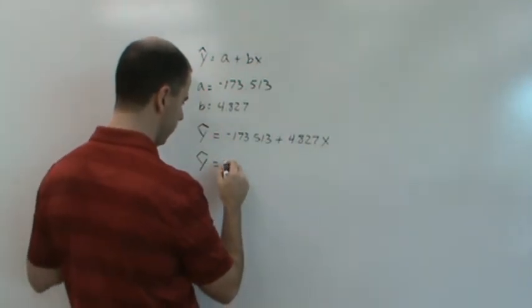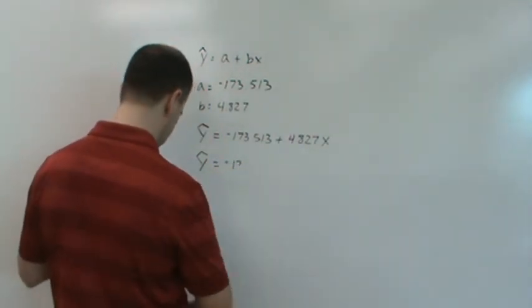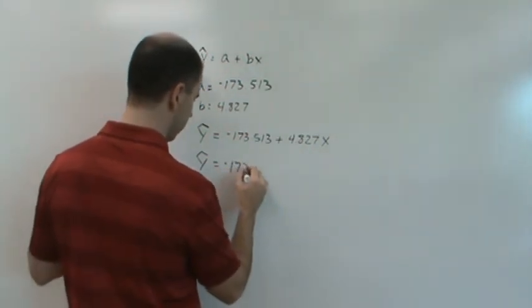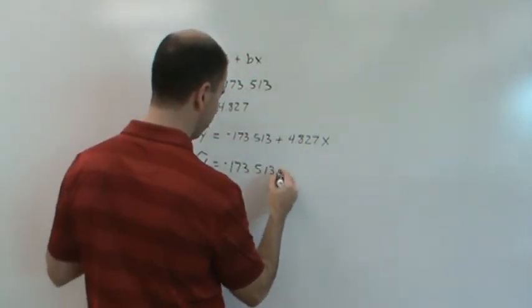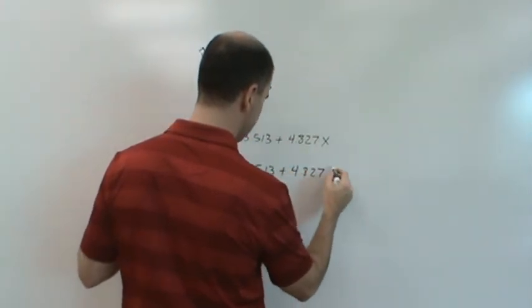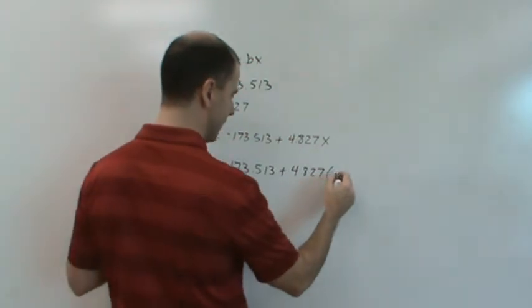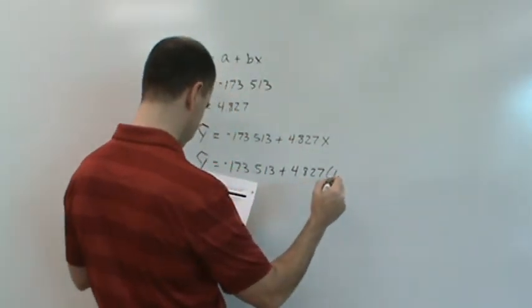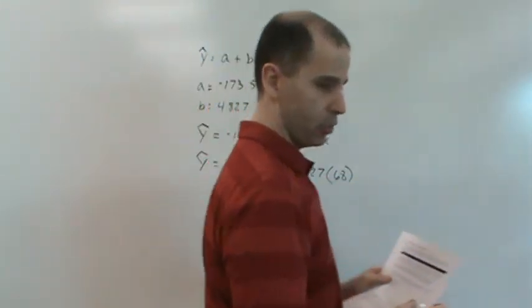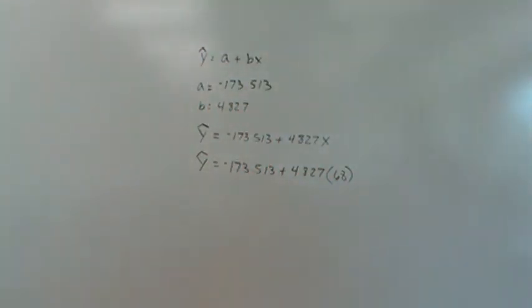So we'll just do this. Negative 173.513 plus 4.827 times, now this is where we put in the 68. So 68, and now all I have to do is plug and chug.